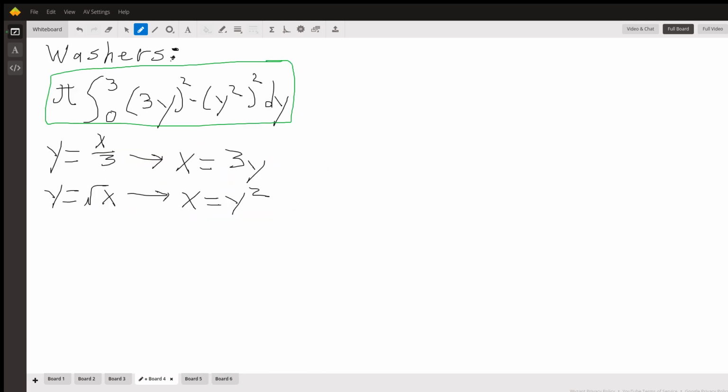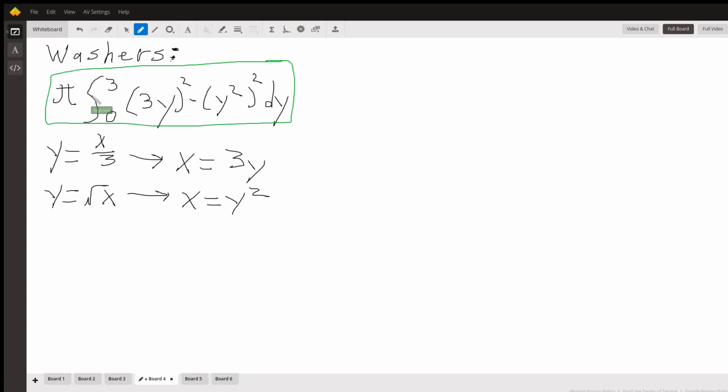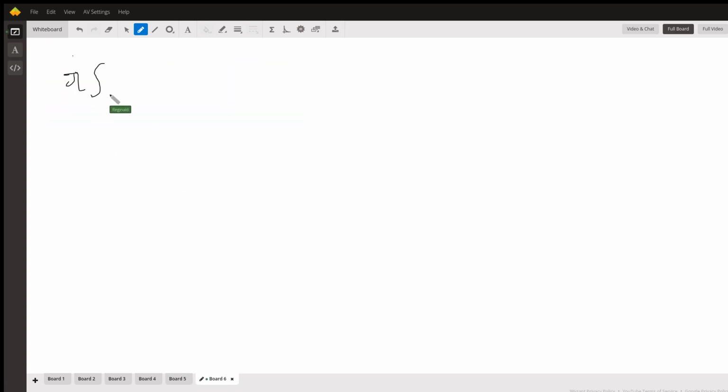Here, actually, I take an antiderivative. So let's see, 9y squared minus y to the fourth. I know a lot of times they do want exact answers, so I'll work off the washer one, from 0 to 3.